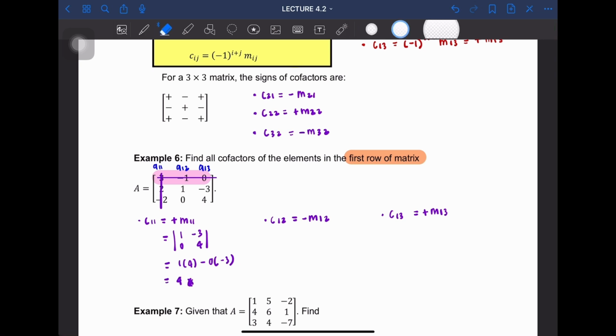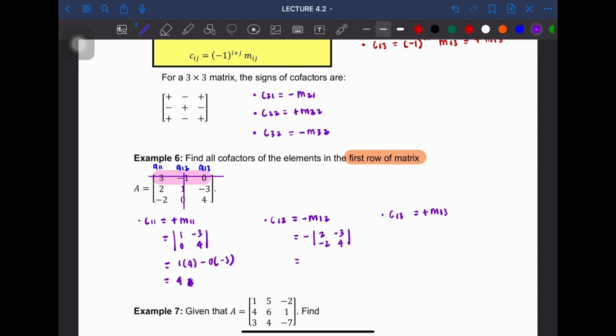Now moving on to the next one. You have to find the minor M12, and you still have the negative. M12 means you have to find the determinant when you delete the first row and second column. What's left are 2, negative 3, negative 2, 4.